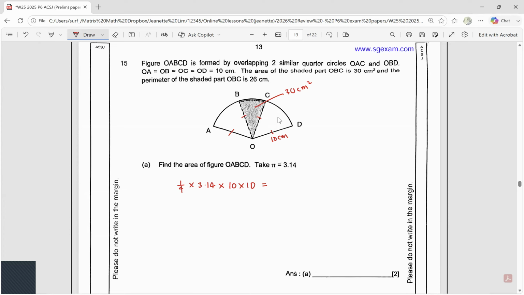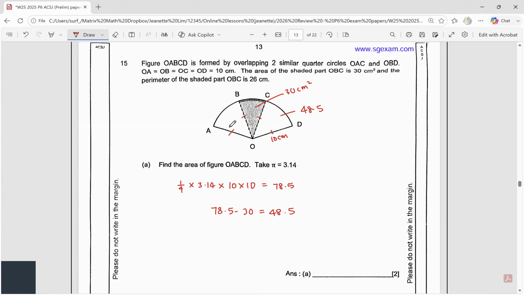Pi times r times r gives you the area of circle. Then this is 78.5. Since we're given the area of the shaded part, if I want to find just this part here, I will take 78.5 minus 30, which is 48.5. So this part here is 48.5.